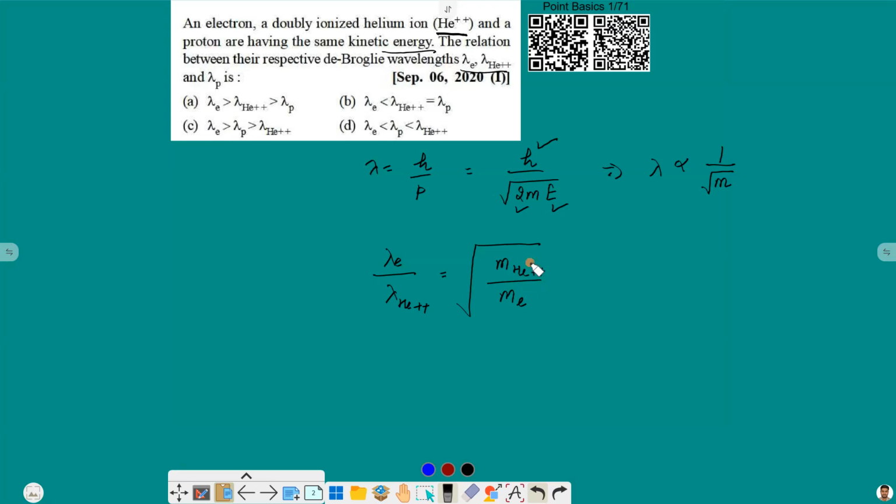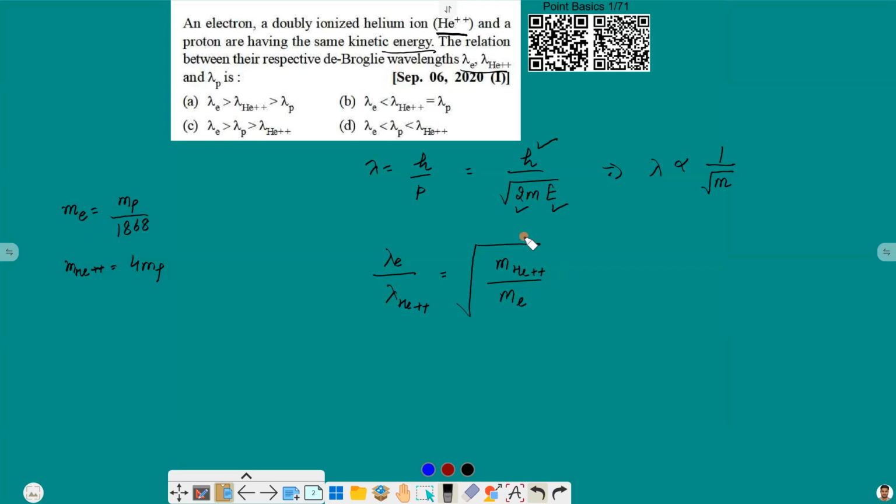Now we know that the mass of He positive is very large as compared to the mass of electron, because approximately mass of electron is mass of proton or neutron divided by 1868, and mass of helium positive will be approximately 4 times mass of proton.